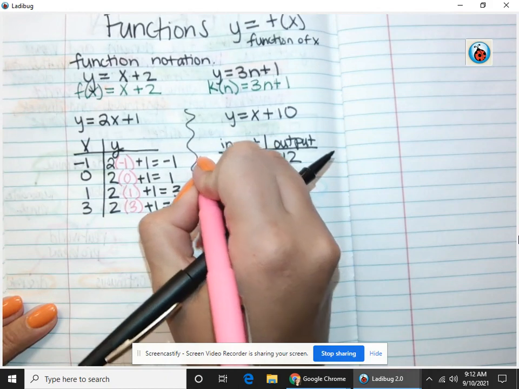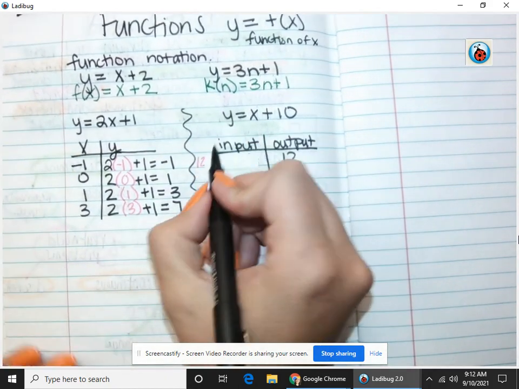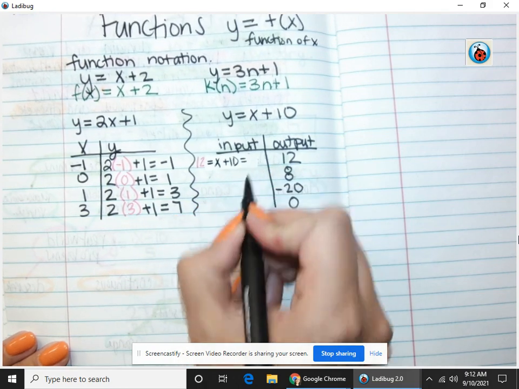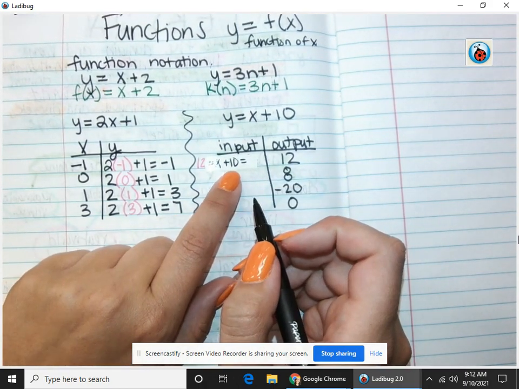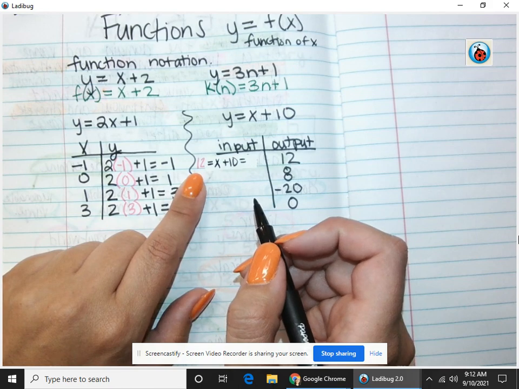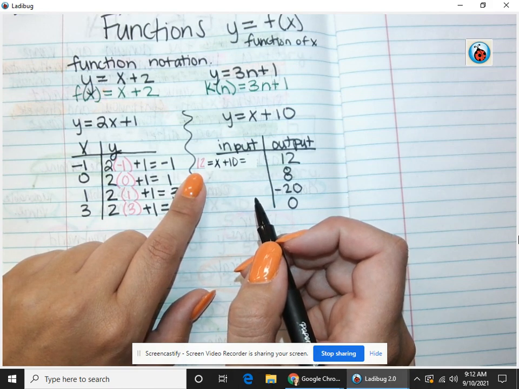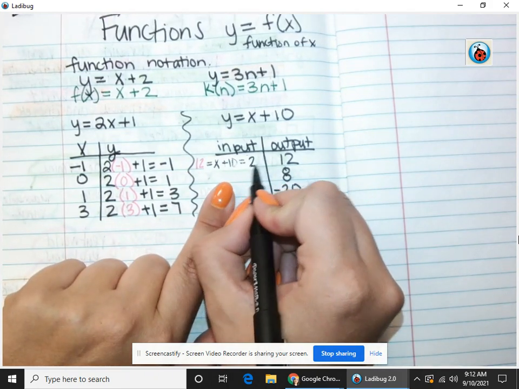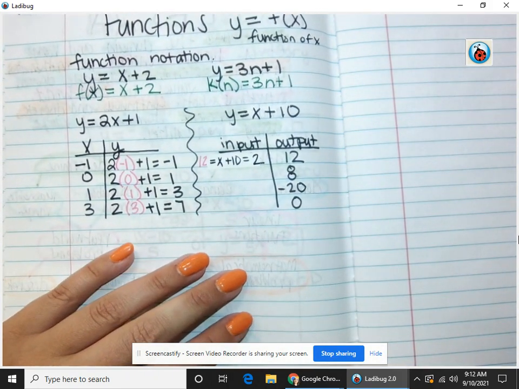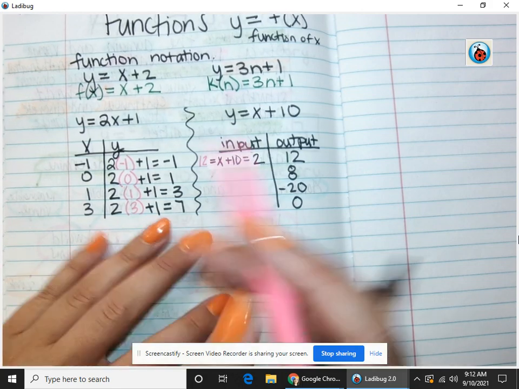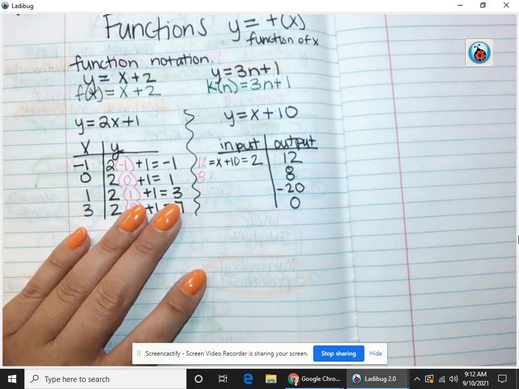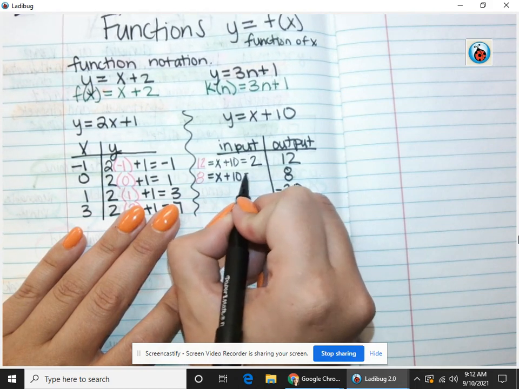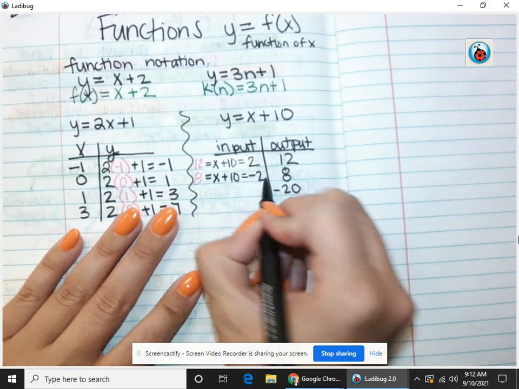If I have 12 equals x plus 10 and I'm solving for x, I have to move my 10. Do I add, subtract, multiply, divide? Subtract. So 12 minus 10 is 2. What about when my y is 8? I subtract 10 and I get negative 2.